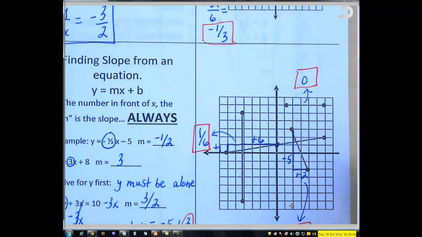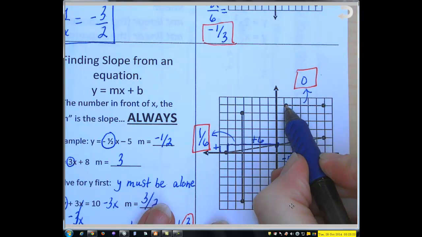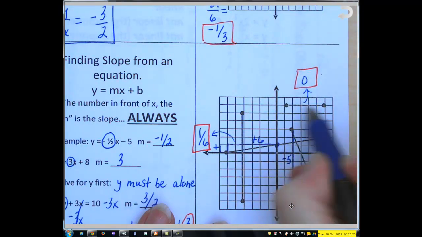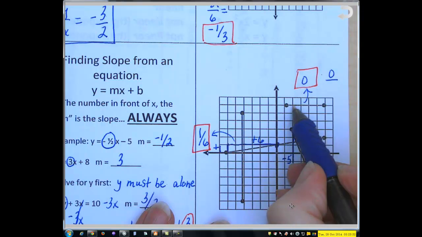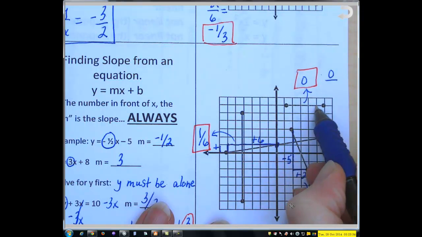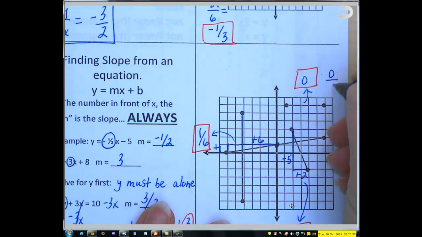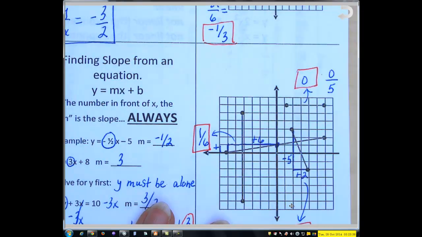Okay, and let's see as we count the rise over the run if this does work out to be a 0 slope. So to go from this point to this point, how much do we have to rise? Well, we don't have to rise at all. So our rise is 0. How much do we have to run? We have to run 1, 2, 3, 4, 5 to the right. So that would be 0 over 5.